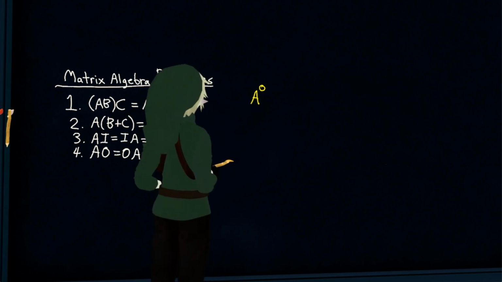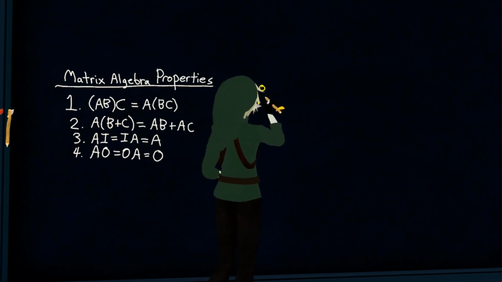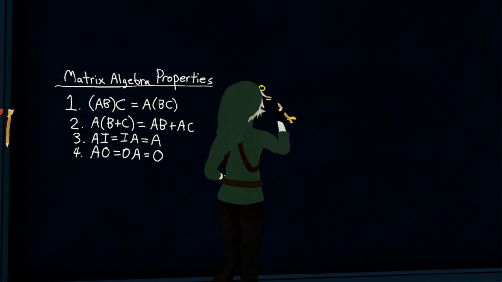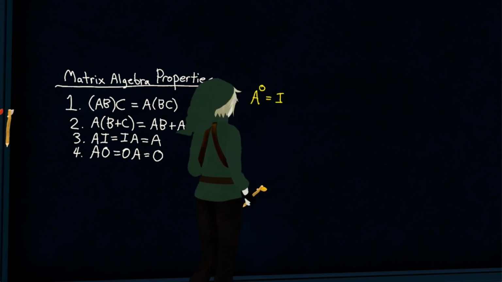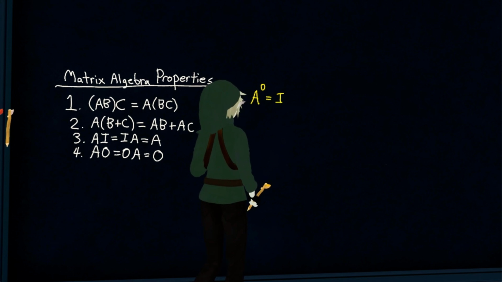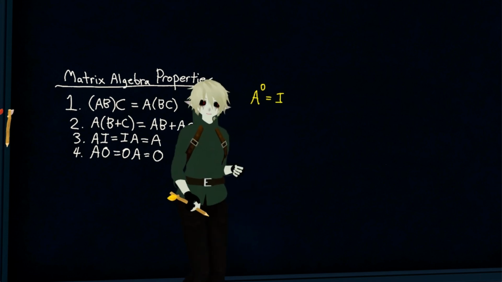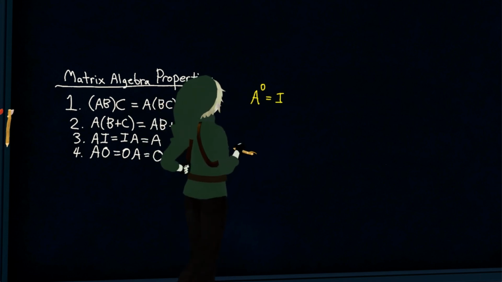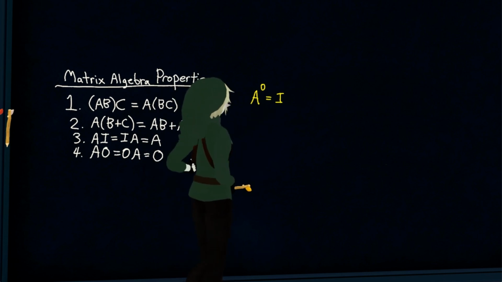So it's exactly like this, but instead of 1, it's a matrix. So A to the power of 0 is equal to I. Okay, not a 0 matrix. A matrix to the power of 0 is equal to I.